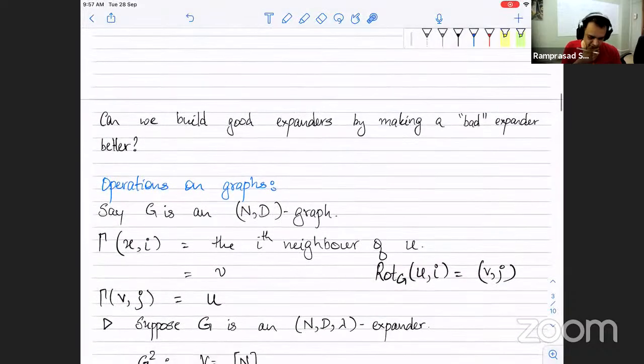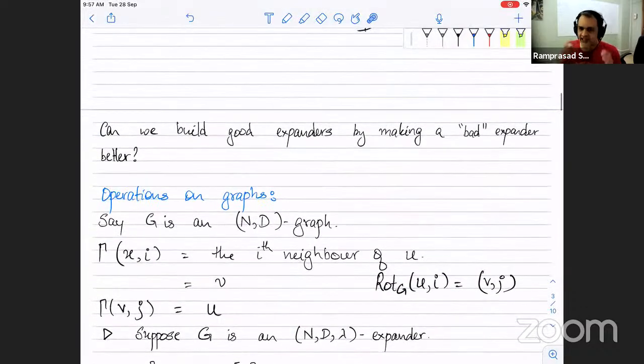Now we are going to try to make changes to the graph that modify either the number of vertices, the degree, or the eigenvalue. The hope is that we can put together these operations to get what we want. We are trying to come up with a way in which d stays small, λ gets better and better, by which I mean it moves closer and closer to 0, and n becomes larger and larger.